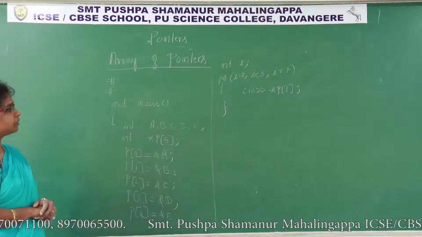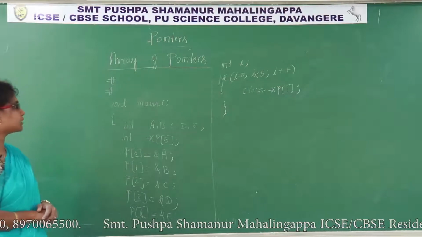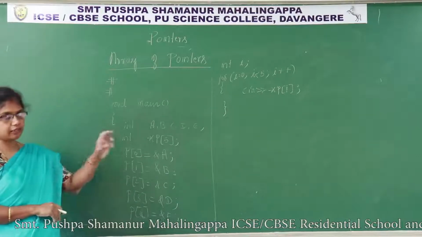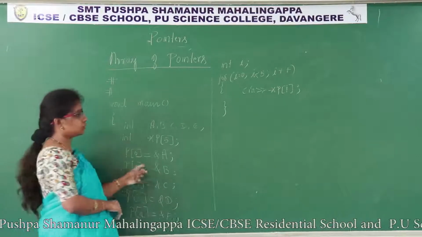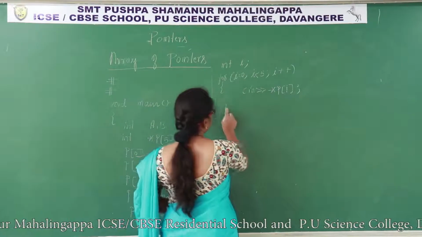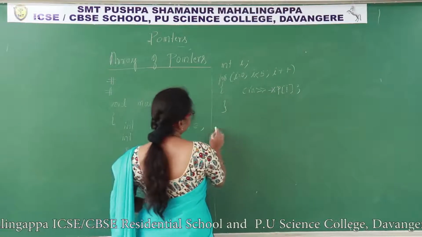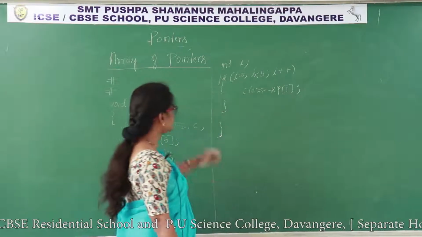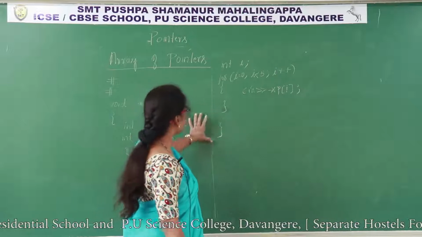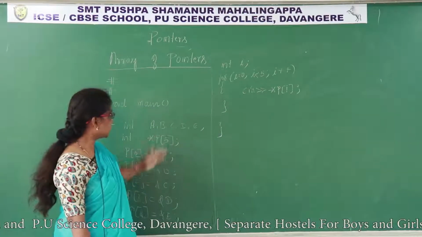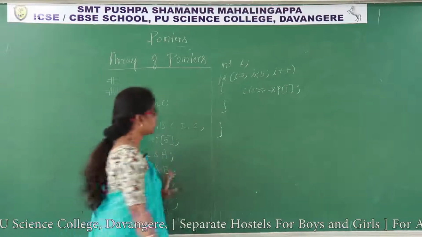P of I means, for 0, P of 0. What is there in P of 0? The address of A. Star of that address goes to that memory location. To display, I can write one more for loop, but I conclude here. This program just reads values for these isolated variables using an array of pointers. Understood?